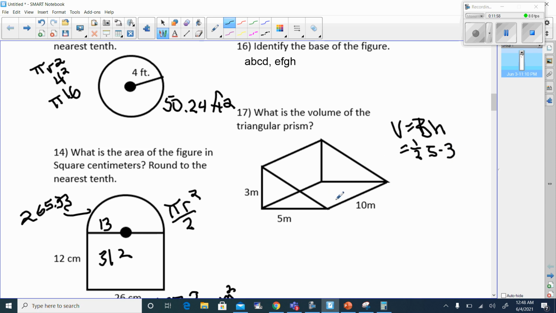And then we have to do the height of this prism, which would be 10. Okay, and if I go and do this, I see that 1/2 of 10 is 5. 5 times 5 is 25. And 25 times 3, that's 75. So that tells me the volume of this is 75 meters cubed.